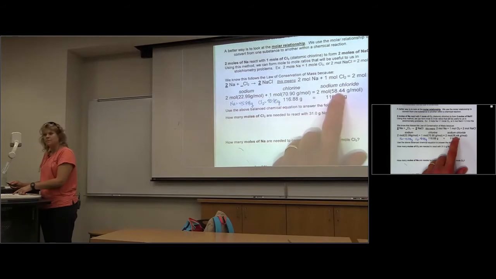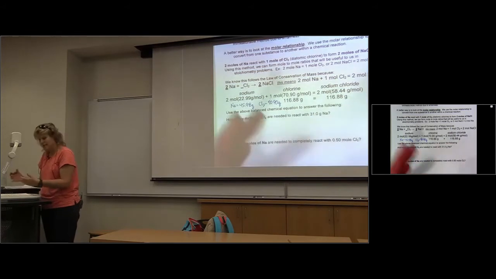What is 1 mole? Look back at your previous, two pages previous in your notes. Do you see the picture where we had the moles of sodium chloride? What does it say the mass is? 58.44 grams. So 2 moles is 2 times 58.44, which is 116.88 grams.